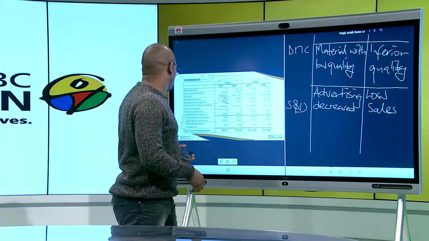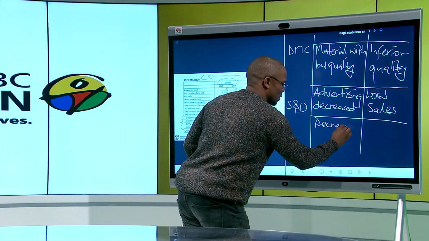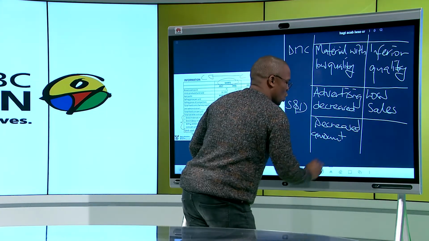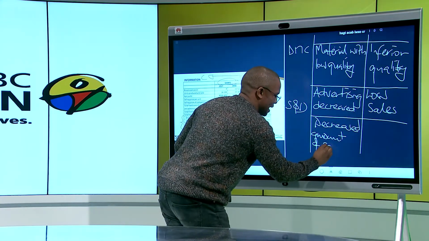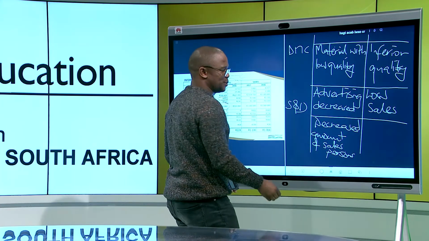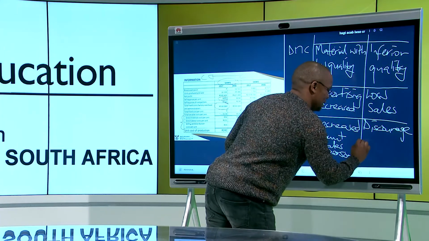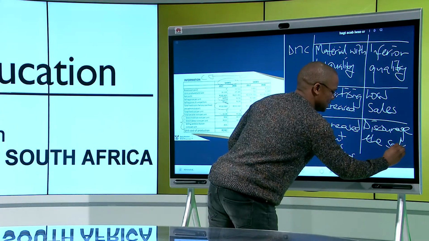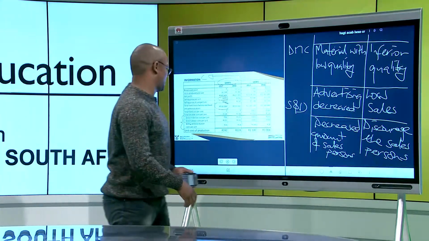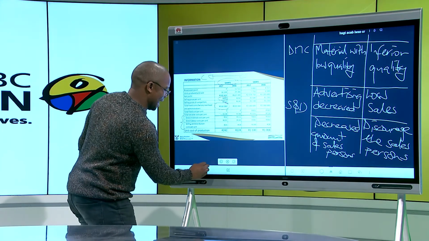Or another person might say they decreased the amount or remuneration of the salesperson. What will it do to the salesperson? It will discourage the salesperson, which will lead to lower sales. I hope you understood that one, my dear learners. Let's go to the other one.